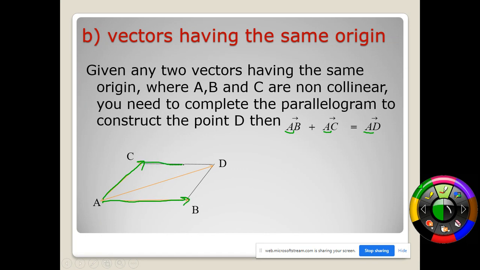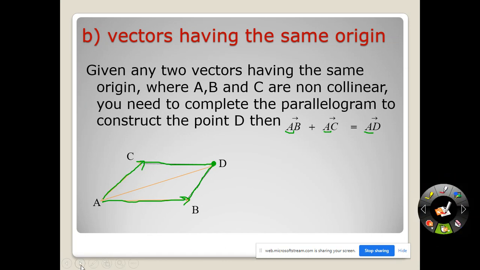I try to draw a parallelogram, and the new point will be the end of the diagonal of the parallelogram. So AB plus AC is equal to AD. If I have consecutive vectors, it's easy, Charles rule. If I have two vectors that have the same origin, it's also easy, the parallelogram rule. I can name the new point on the figure and just replace. It's easy guys, it's not hard.